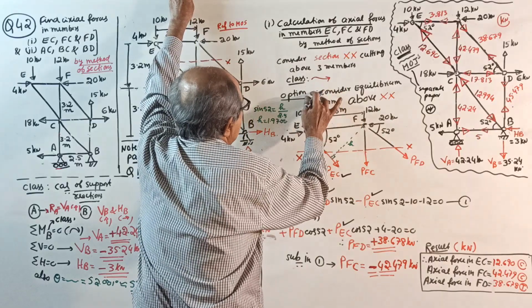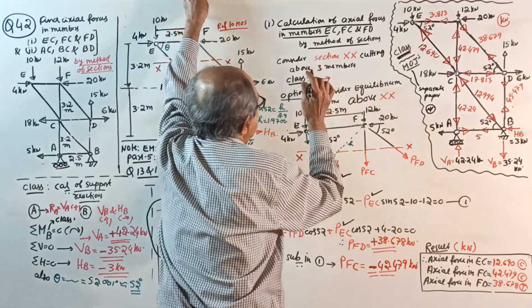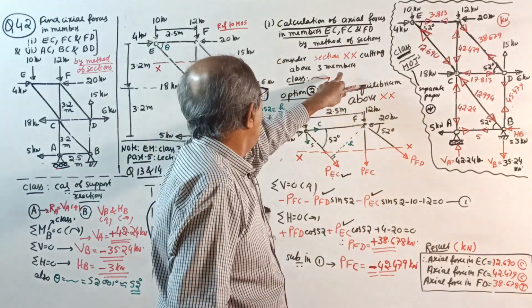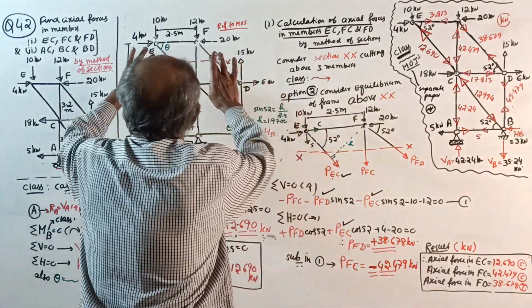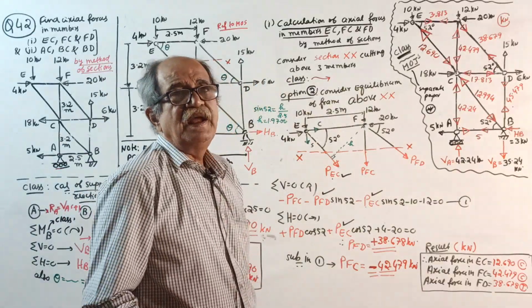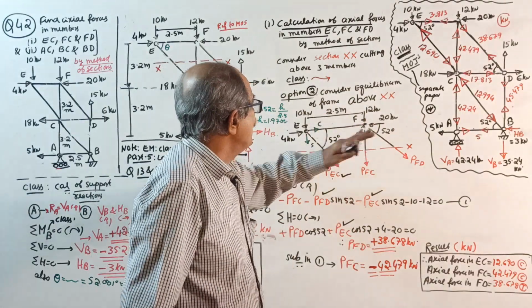See here. Now, he will solve option 2 for the same question, XX, for the same 3 members. Majority of people, you can leave it, not required. See, already we got the answer.